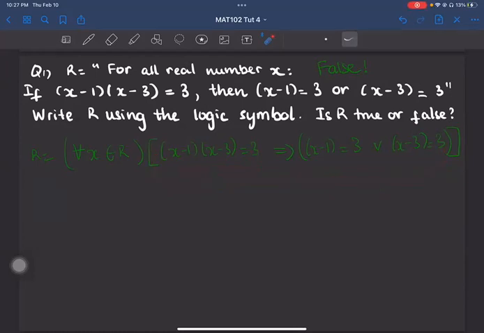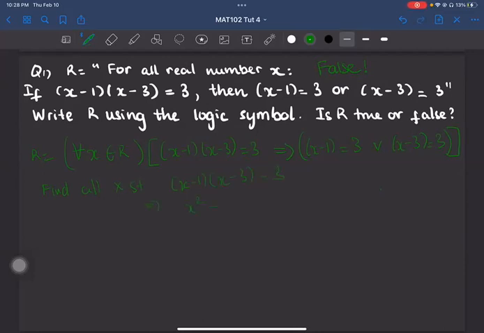So we don't care, and we also don't have to mention it. We just need to care about x such that x minus 1 times x minus 3 equal to 3.